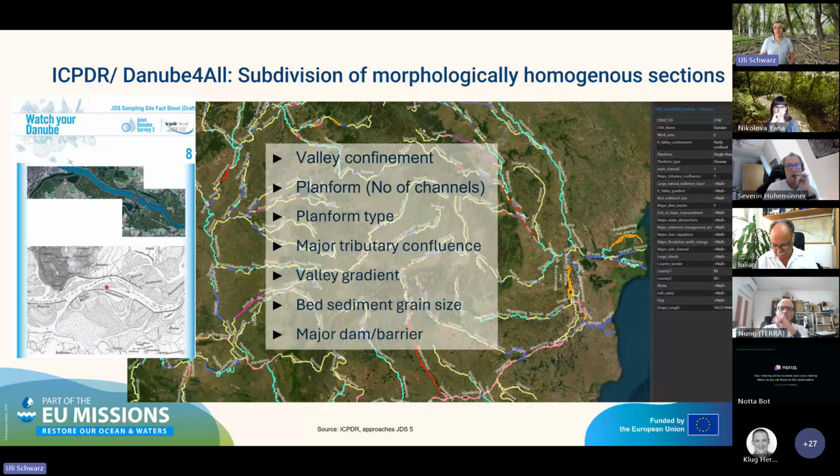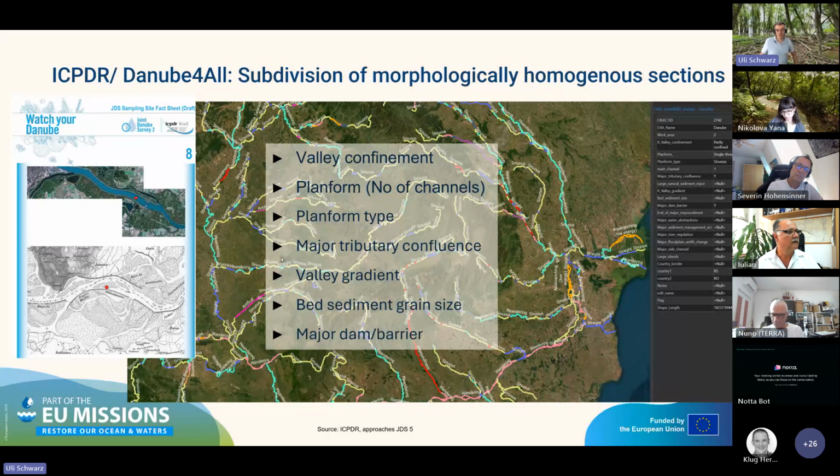What we can rather easily get out from maps is the valley confinement. So if there are terraces, if the river is going like in the Iron Gate or Wachau through mountains, and then the plan form, namely here the number of channels, so single thread, then the plan form type, that means if it is sinuous or braided or anabranching.